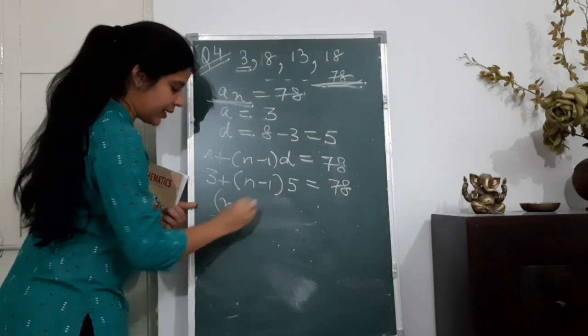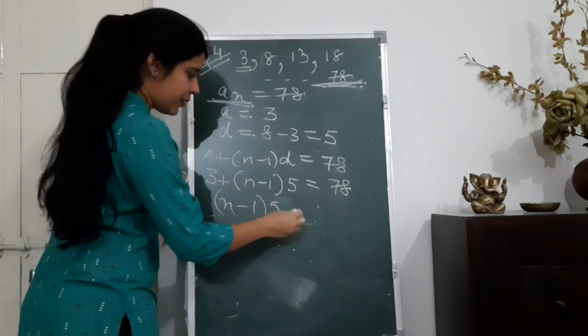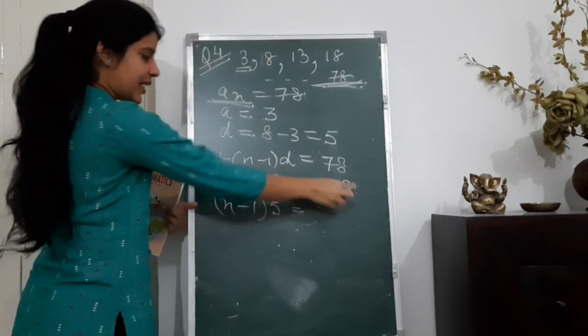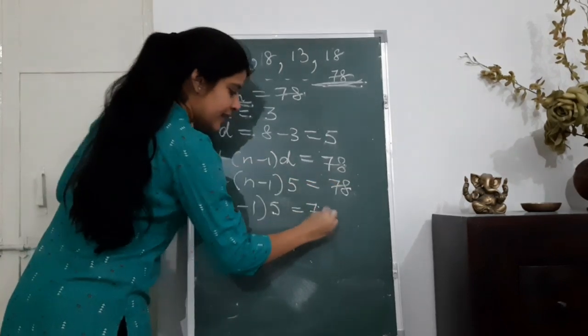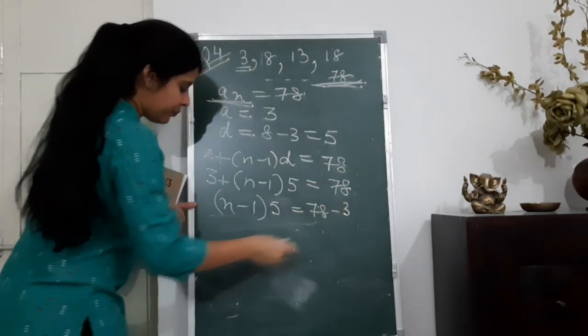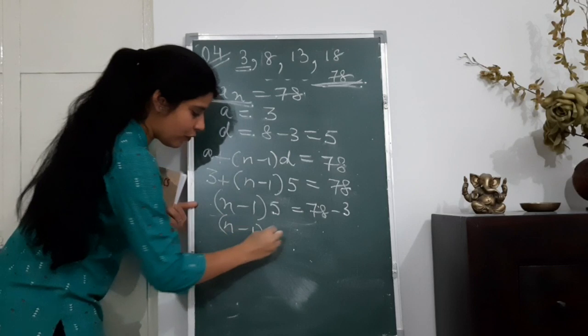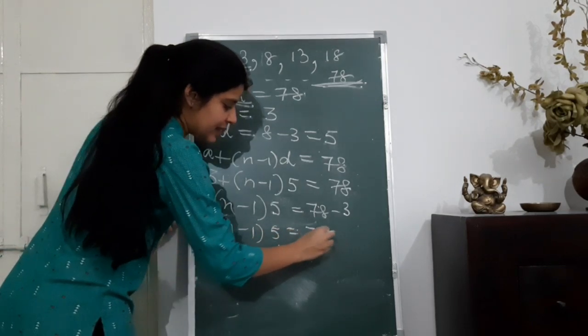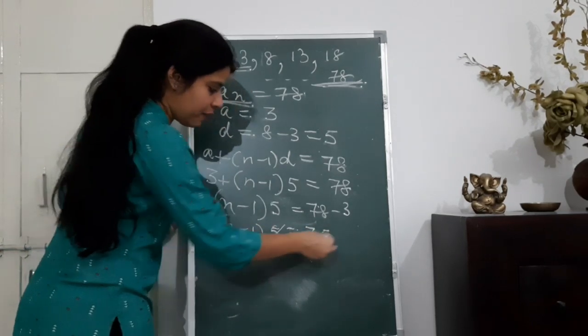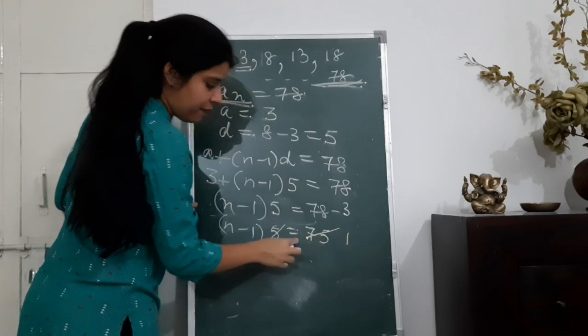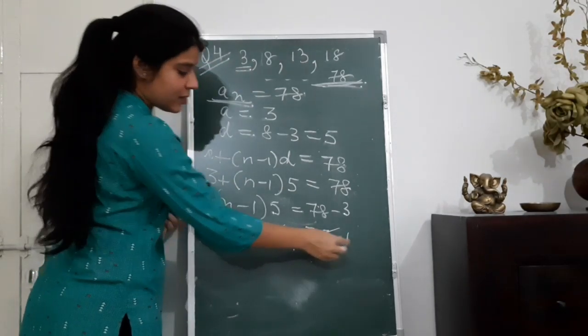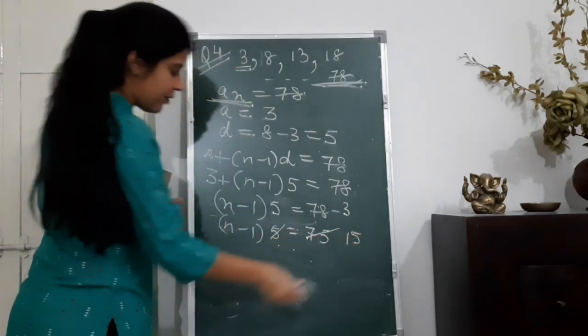N minus 1 into 5 and 78 minus 3. Taking this to this side, 78 minus 3 is what? N minus 1 into 5, 78 minus 3 is 75. So 5 1s are 5, then 2 will be remaining here. So 5 5s are 25.